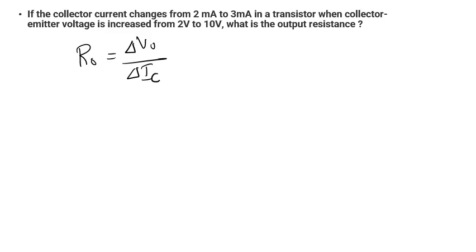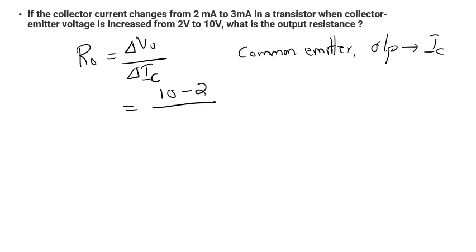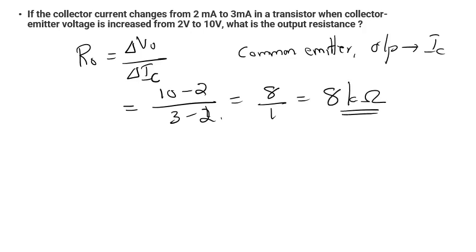It is the common emitter configuration, so the output current is IC: delta VO by delta IC. Delta VO is 10 minus 2, and delta IC is 3 minus 1, that is 2. So 8 divided by 1 is 8 kilo ohm, because the current is in milliampere. So RO is equal to 8 kilo ohm. It's a direct, simple calculation.